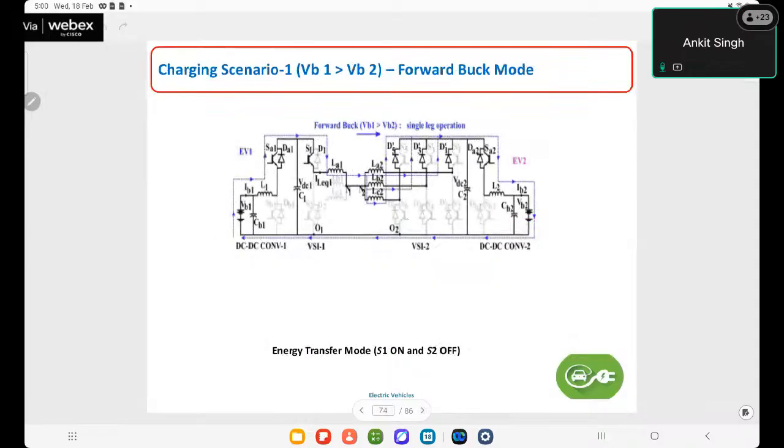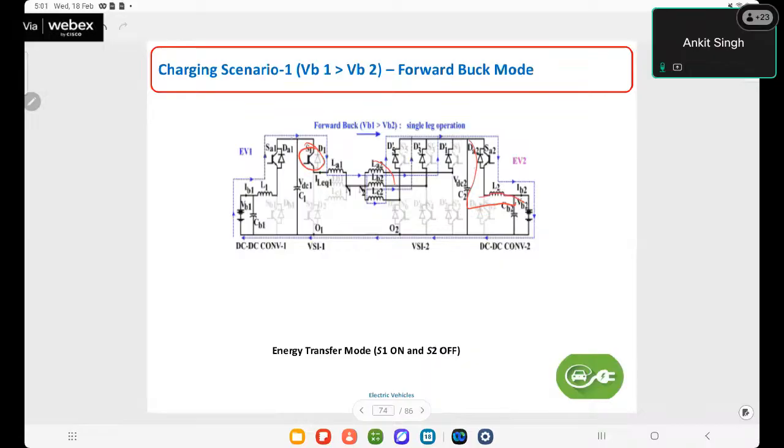Depending upon the battery voltage condition, we can operate this converter sometimes as a buck converter or a boost converter. In this configuration, switch S1 will be operated in a PWM mode, and it will transfer the energy through the inductor to the battery.